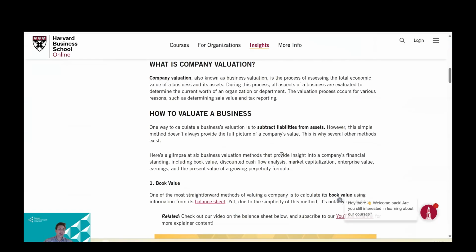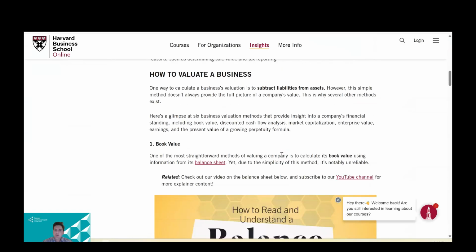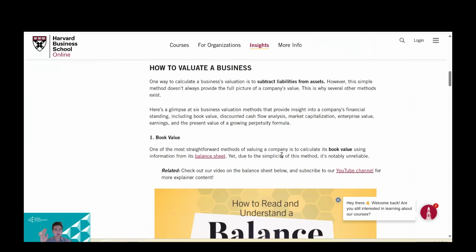So the first one, as we saw, was book value. Book value is most likely the easiest one to understand.